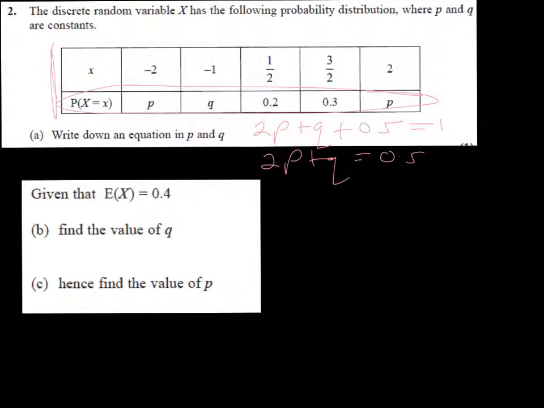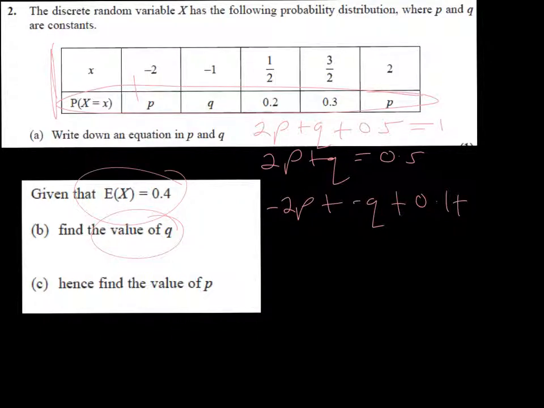In part B, we're told that the expected value from this probability distribution is equal to 0.4, and we're asked to use this to find the value of q. So the expected value, remember, that's just going to be negative 2 times p, which is negative 2p, plus negative 1 times q, which is going to be negative q, plus a half times 0.2, plus 3 over 2 times 0.3, which is going to be 0.45, plus 2p.